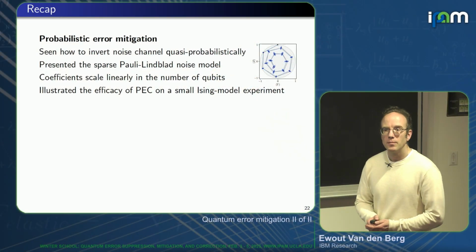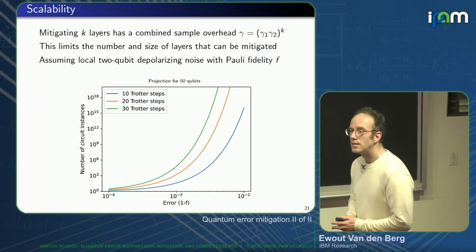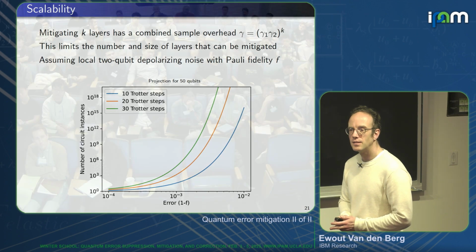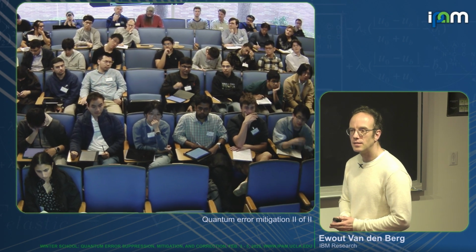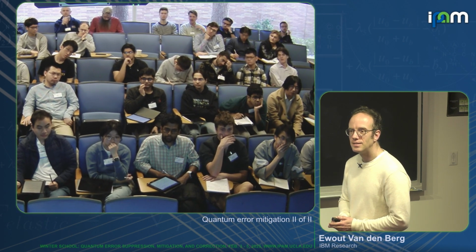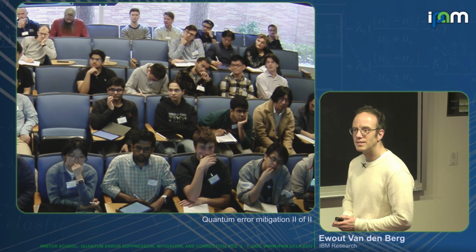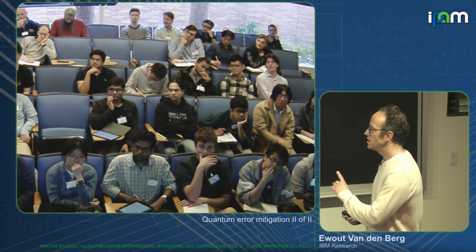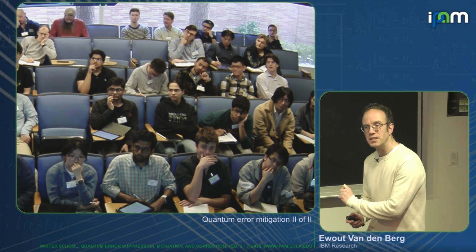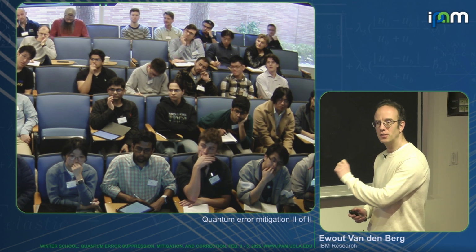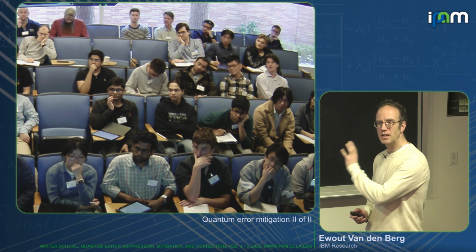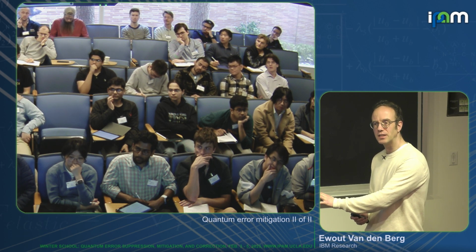I have a high-level question about this chart of the previous page. How come the errors are on the x-axis and the number of shots is on the y-axis? Maybe it's just me, but I'm thinking of the number of shots as the independent variable and the error as the dependent variable. Well, this is the fidelity of the gates, the noise on the gates as they are applied in hardware, let's say.